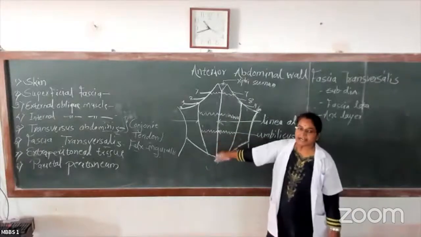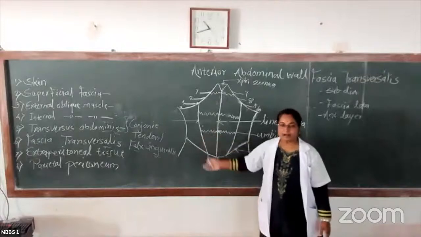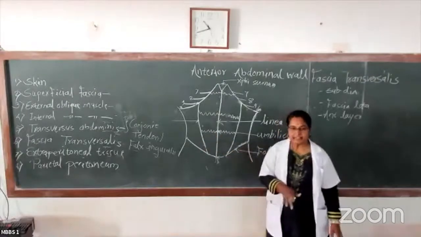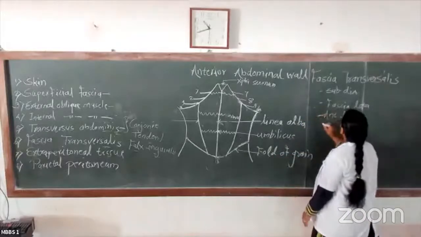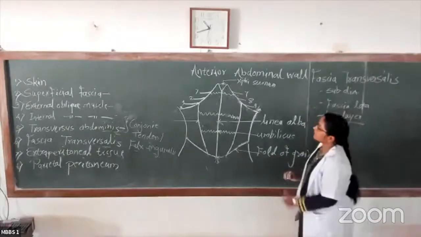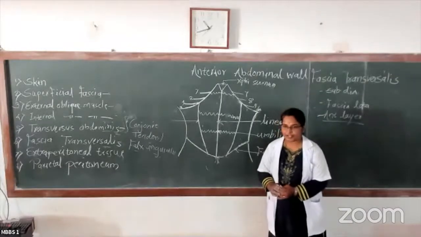Anteriorly, it becomes adherent to the posterior surface of the linea alba, and posteriorly, it becomes continuous with the anterior layer of the thoracolumbar fascia.